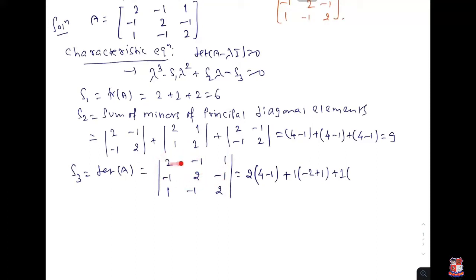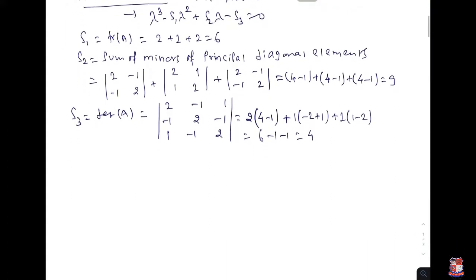Plus 1, so these 4 elements are there, so that is 1 into 1, minus 1 into minus 1. And that is equal to 6 minus 1 minus 1, and so that is 4.